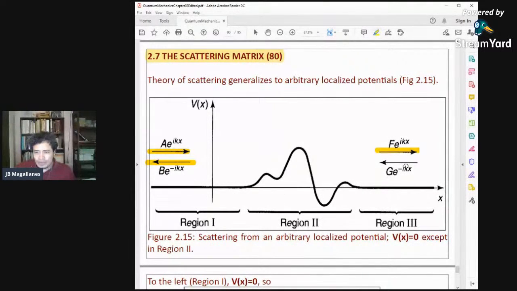There's also another wave coming from the other side, and some of this wave will pass through, and it will be added to the transmitted wave from A.